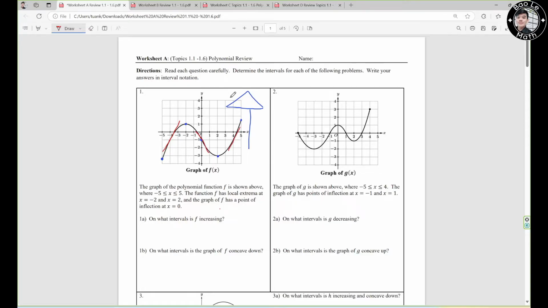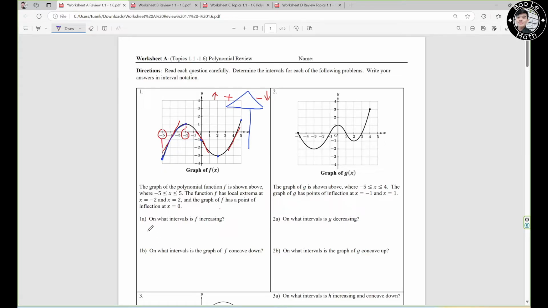Now, if you see the graph going this way, the tangent lines go this way, the slope is positive. If the slope is positive, the function is increasing, right? If the lines go this way, the slope is negative, and if the slope is negative, the function is decreasing, right? So, look at this one right here, the function is increasing from -5 to -2, from here to here.